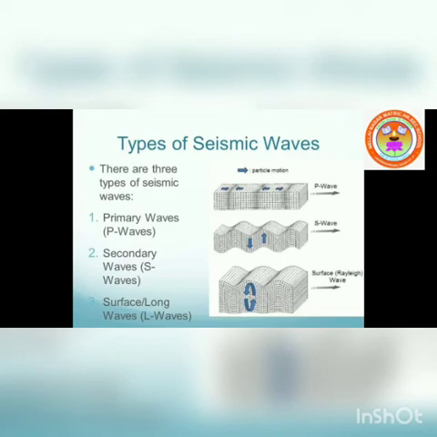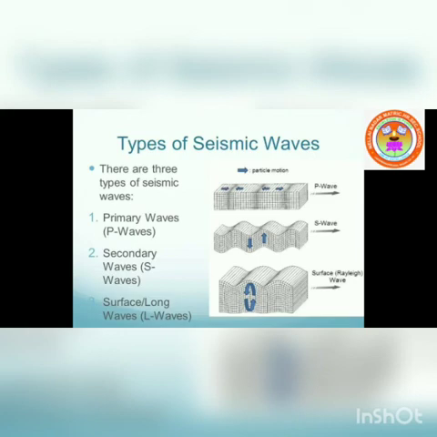And secondary or S waves travel only through solids. These transverse waves shake the ground perpendicular to the direction in which they propagate. The average velocity of these waves is 1 km per second to 8 km per second.